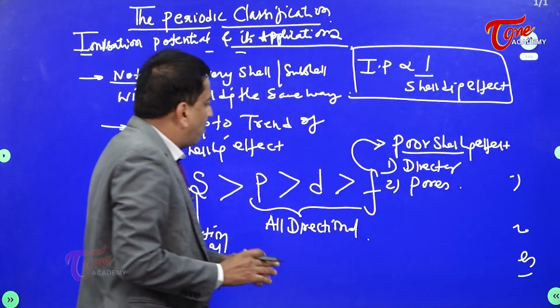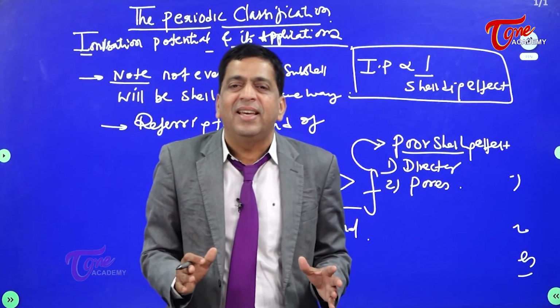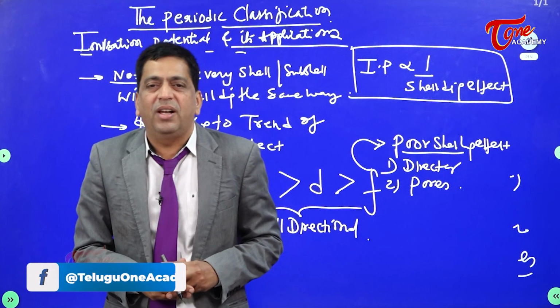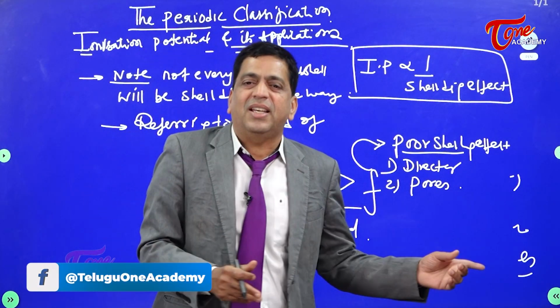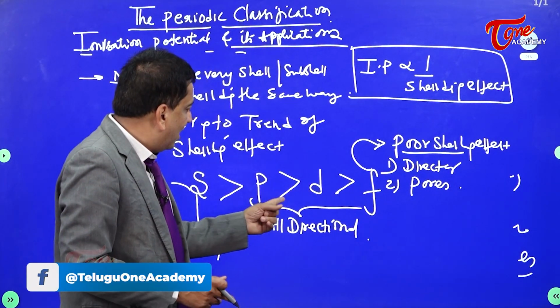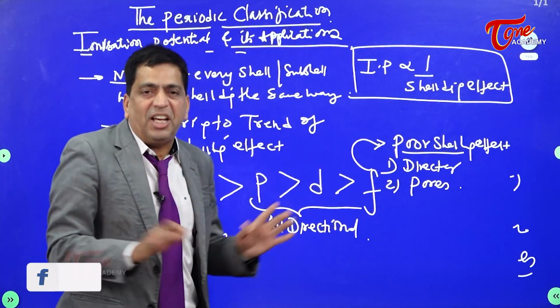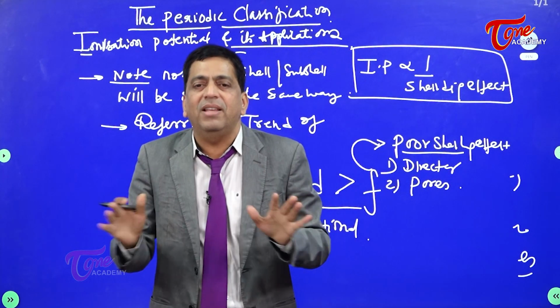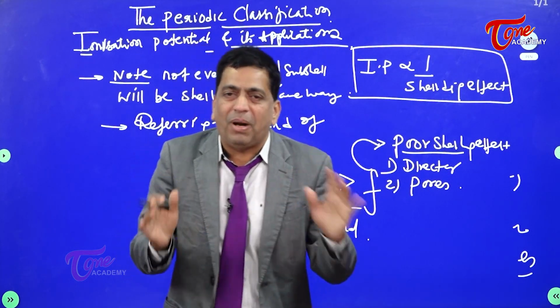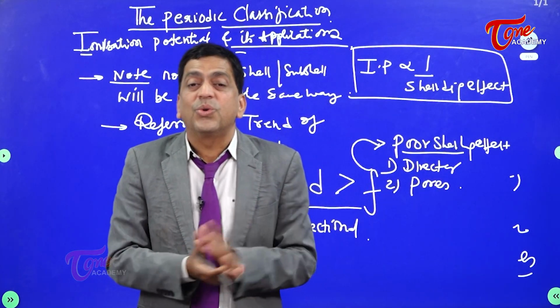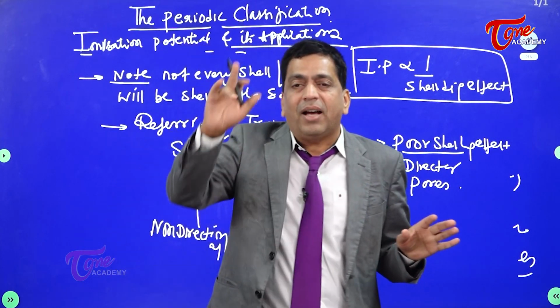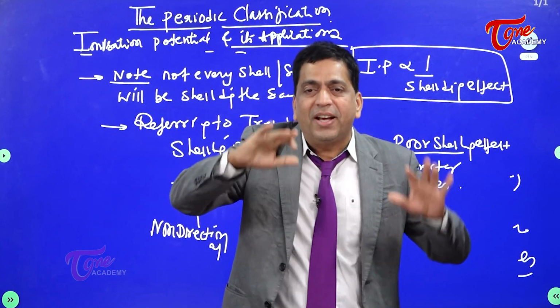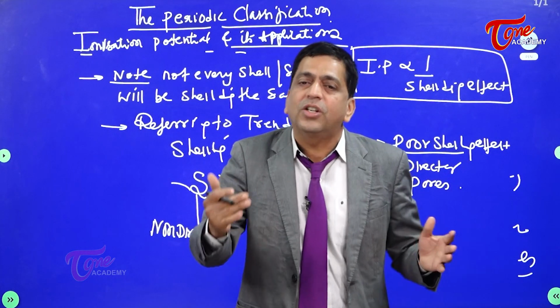The electrons occupying f will shield the nuclear force of attraction very poorly. Same is the case with d and p, and this is how the trend is. The best shielder is s. Let us apply this and check out why the size increase in the group will be greater and not that much greater down the group.